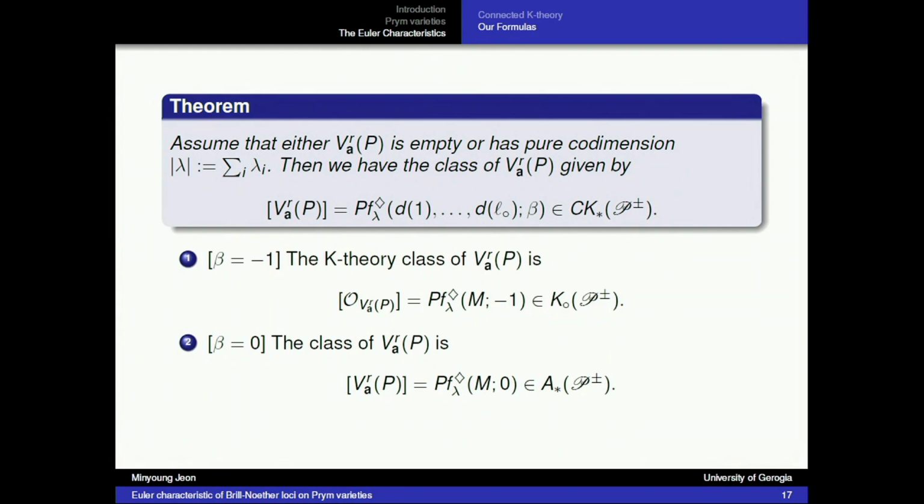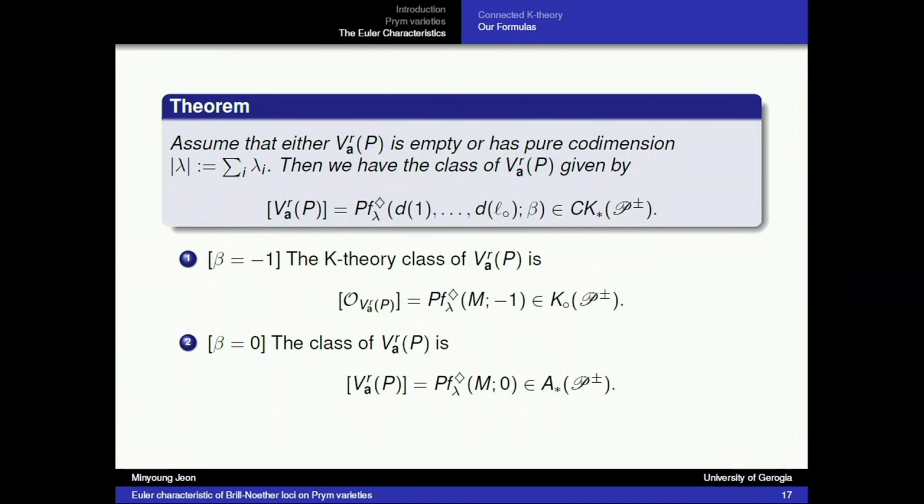Because Anderson's formula is for the connected K homology class, and the orthogonal Grassmannian Schubert variety is exactly the same as the pointed Brill-Noether loci in Prym varieties, we can directly apply his formula to our situation.